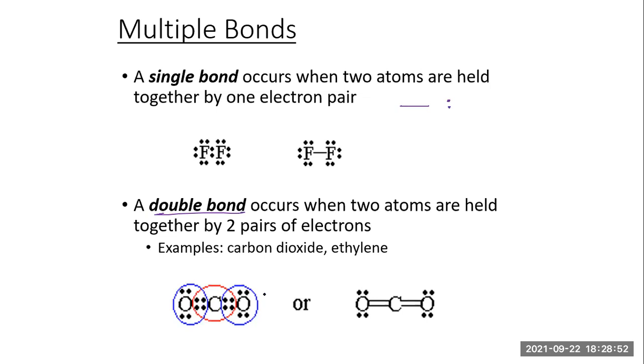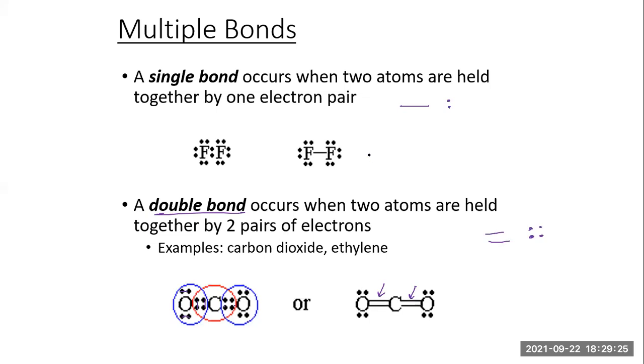The carbon makes a double bond represented by 2 lines, or 4 dots or 2 pairs of electrons, and actually makes a double bond on both sides. And that gives the carbon here 2, 4, 6, 8, gives the oxygen on the right 2, 4, 6, 8, the oxygen on the left 2, 4, 6, 8. Everybody gets to 8 electrons. Everybody is happy with the number of valence electrons that it has.